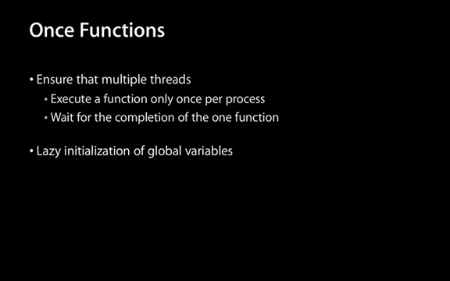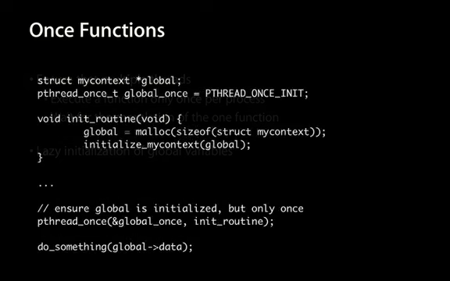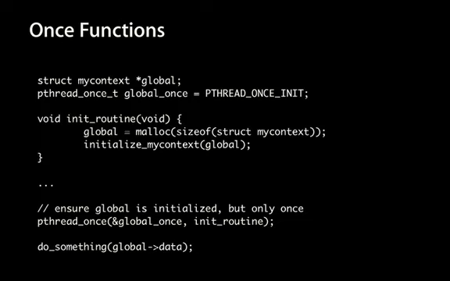So why do you do this? Well, it's all about lazy initialization of global variables. It might be because the resource is expensive or otherwise can't be allocated at compile time. In pthreads, you're going to have some kind of global, in this case, my context. You'll have a pthread_once variable that should be declared static. There's an init routine you'll have to declare somewhere in your file.